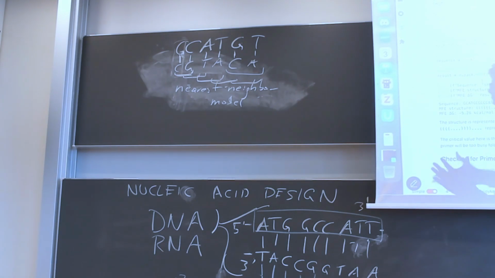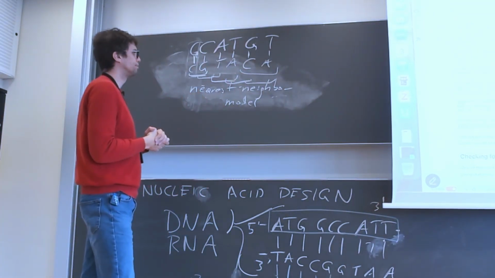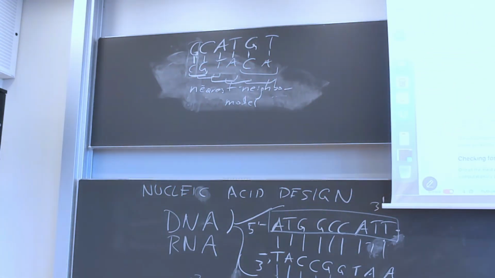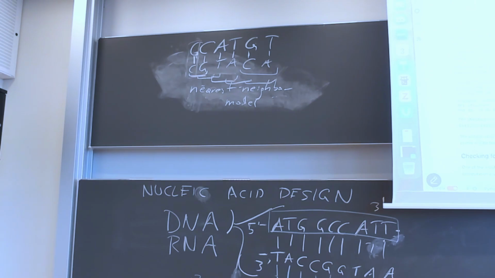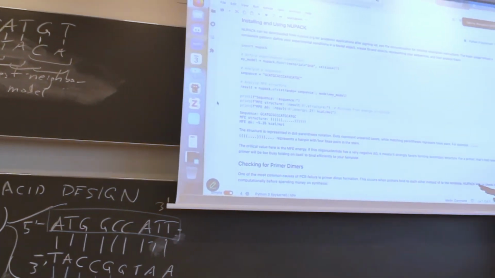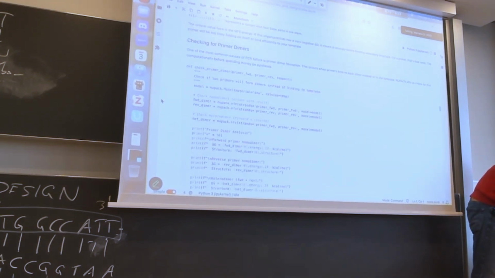In the end, it's just an experimental observation that this is enough, and this has been validated time and time again in experiments. And all this calculation with the nearest neighbor model is what NUPACK does, or Vienna RNA does. Okay.